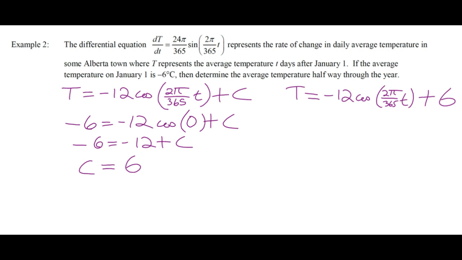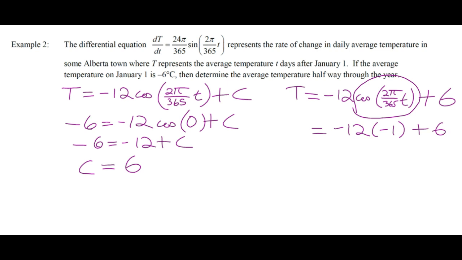All right, halfway through the year, what's going to happen? It's the cos of 2 pi over 365 times 365 over 2, so it'll just be pi, right? Halfway through the cycle of the cosine function, what do we get?